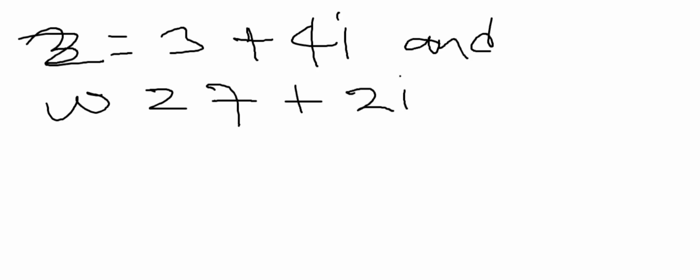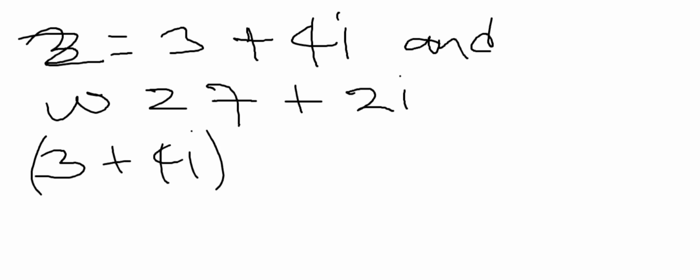We have been given to multiply these two complex numbers. What's one thing that you should know? You need to multiply everything. Multiply this 3 plus 4i and 7 plus 2i.